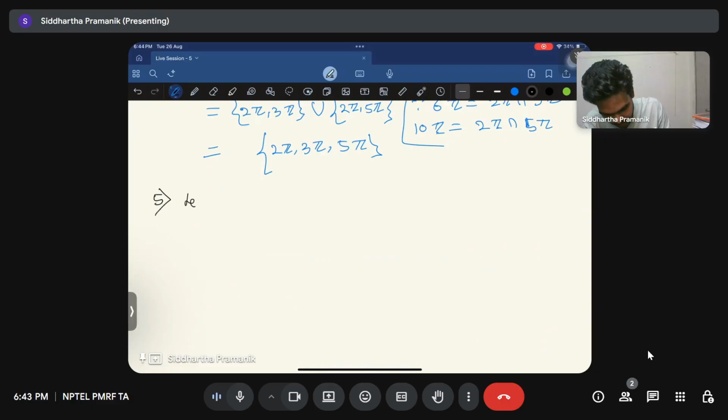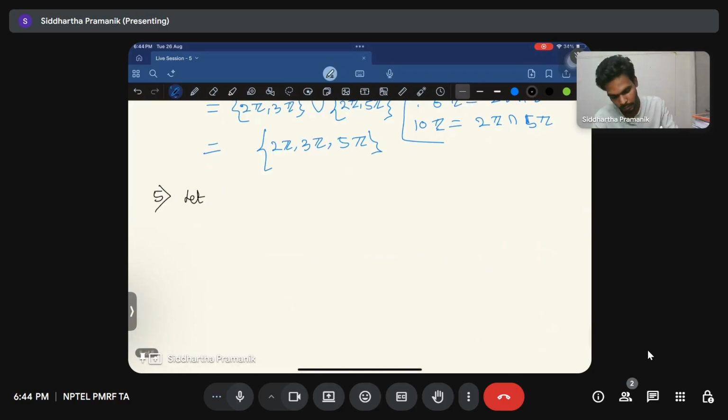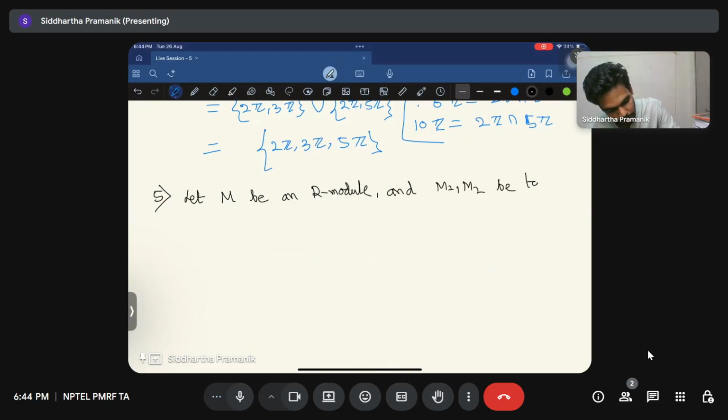Let M be an R-module, where R is any ring, and M1, M2 be two submodules of M such that M equals M1 plus M2.